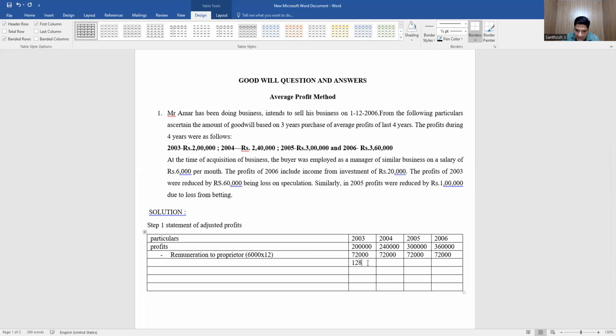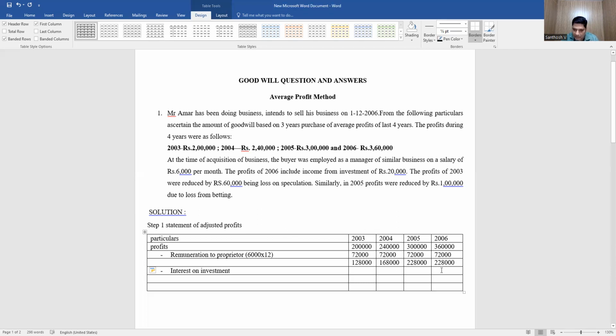So here 1,28,000, here 1,68,000, here 2,28,000, and the last one also 2,28,000. Then less: interest on investment. Interest on investment is given for only one year, 2006.